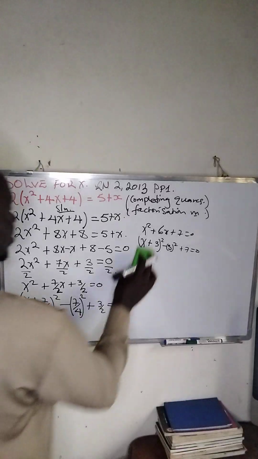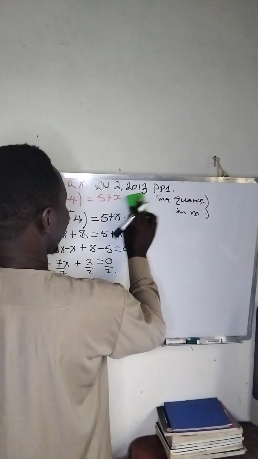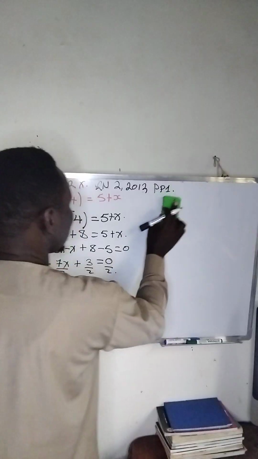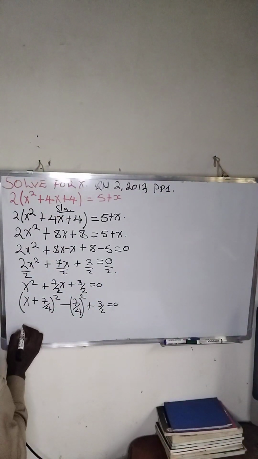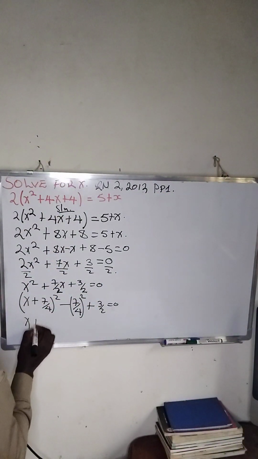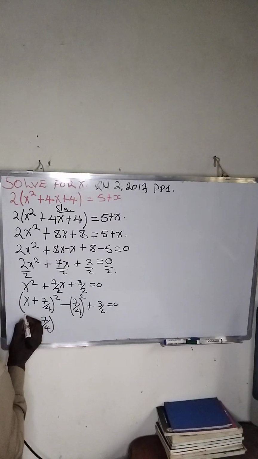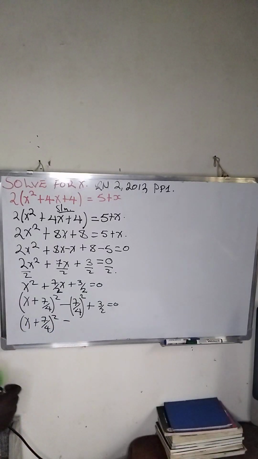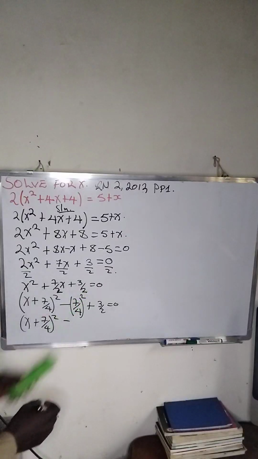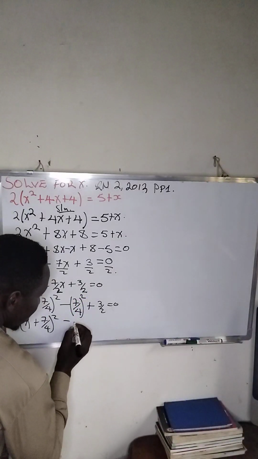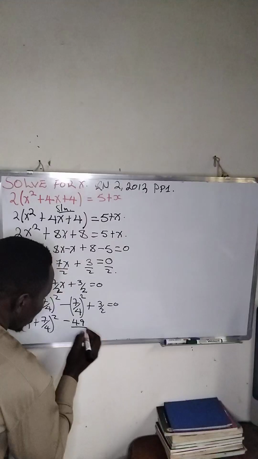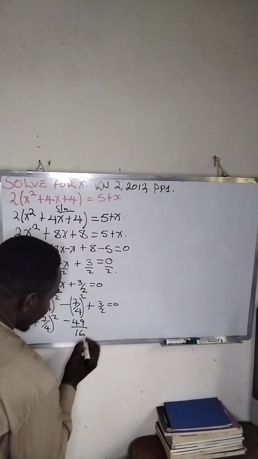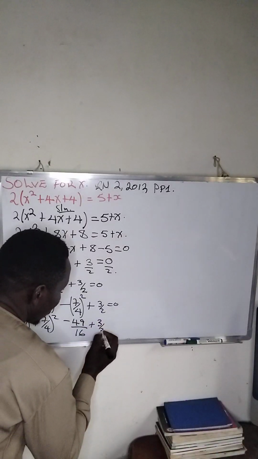Now it is time to expand this. This comes to be x plus 7 all over 4 squared minus this 7 squared, it becomes 49 all over 4 squared, it is 16, then plus 3 all over what?